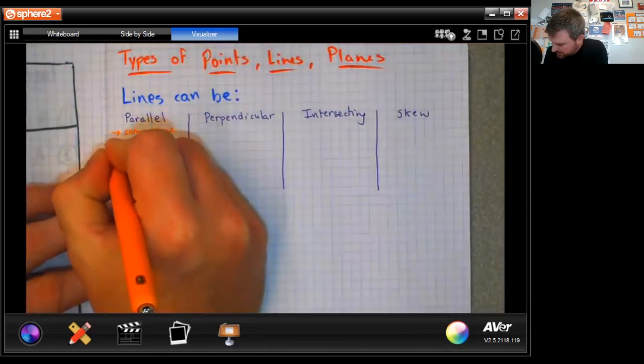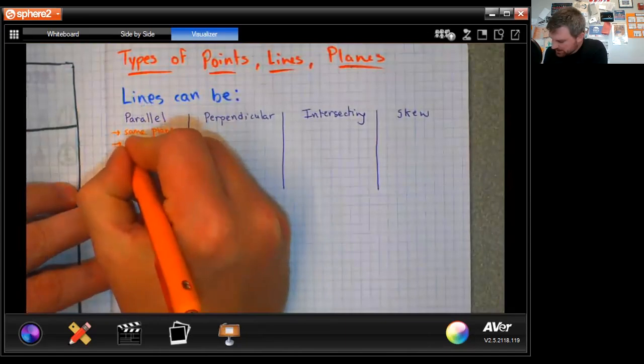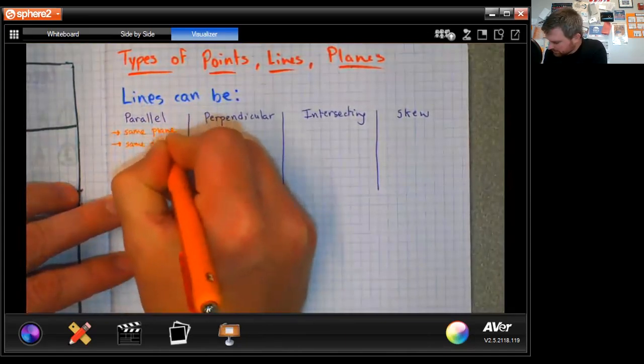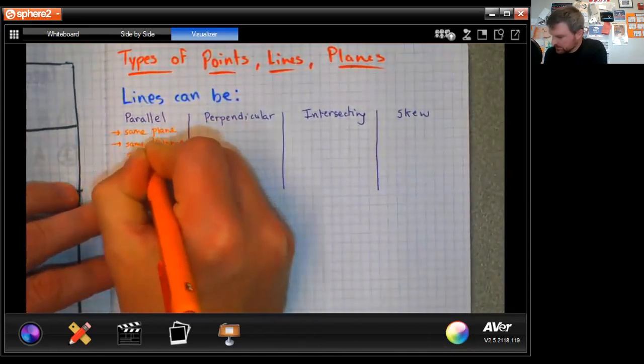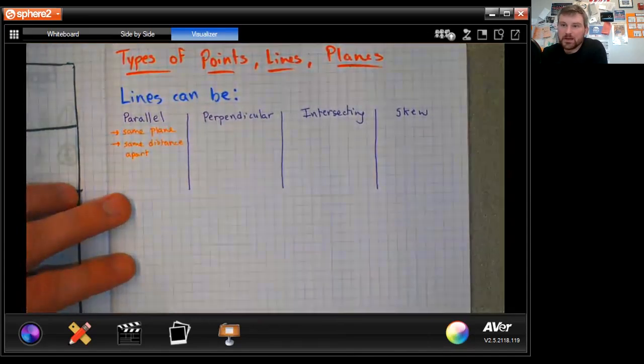The second part, which is also important, is that they will be the same distance apart. So you have two lines on the same plane that are always the same distance apart, and that is really what defines parallel lines.